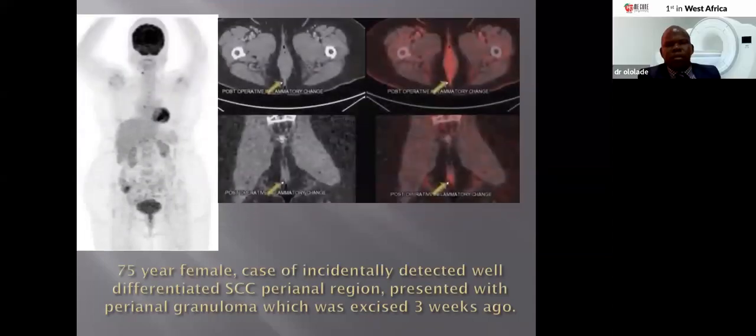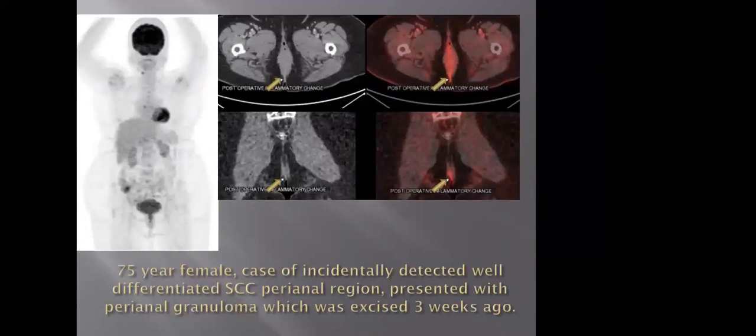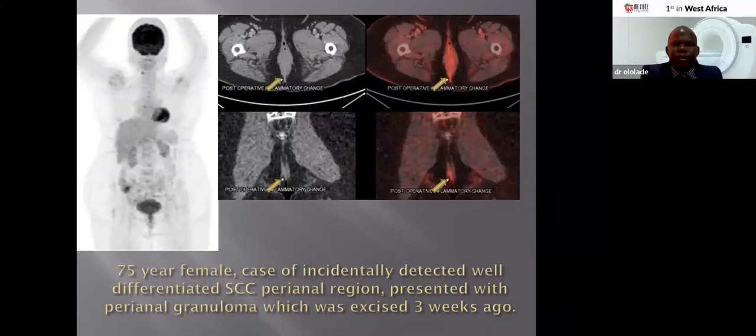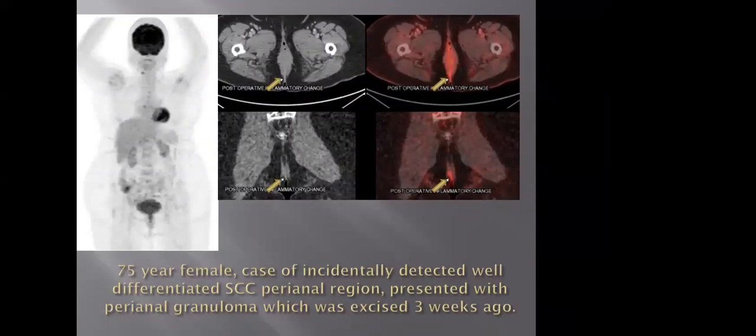this was a case of incidentally detected squamous cell carcinoma of the perianal region. The patient presented as a perianal granuloma, which was excised, and the patient then came for a PET scan. She was a 75-year-old female, and there was nothing in the local area because it was excised.